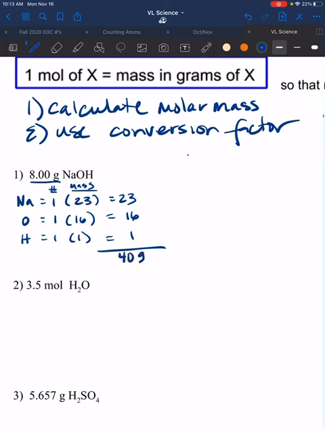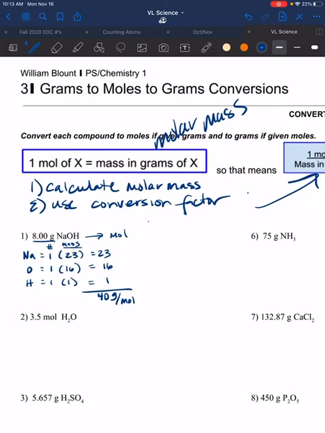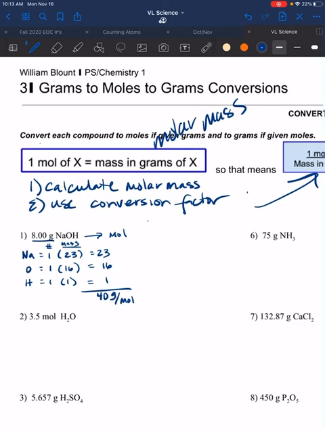So the molar mass of NaOH is 40 grams per mole. I have 8 grams of it. How do I know how many moles? What I want to know, since I'm given grams, is how many moles, because the worksheet says convert each compound to moles if we're given grams and to grams if given moles.